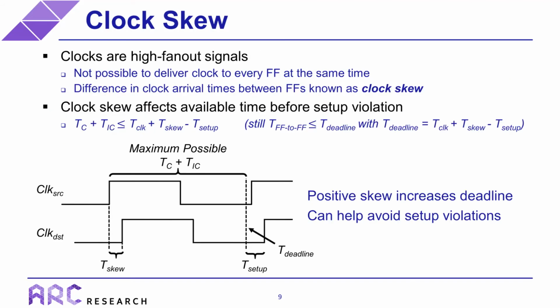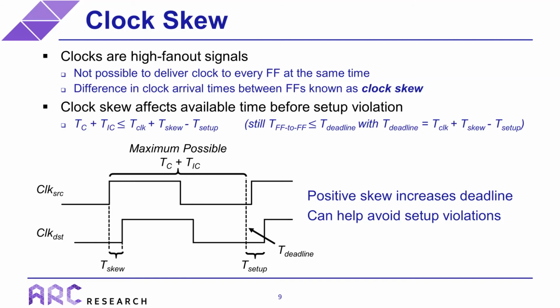One more complexity that we have to include for a real design is something called clock skew. So in most timing diagrams that you're used to looking at, the clock signals instantly propagate to all destinations, which clearly isn't physically possible. In addition, clocks are usually extremely high fan-out signals, which makes it impossible to deliver the clock to every flip-flop at the same time. So the inevitable differences in clock arrival times between flip-flops are known as the clock skew.